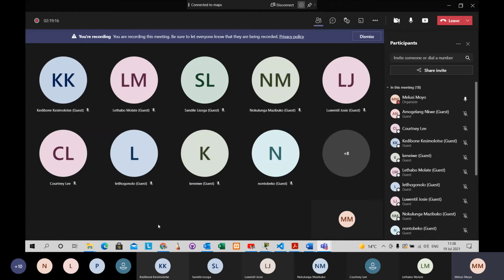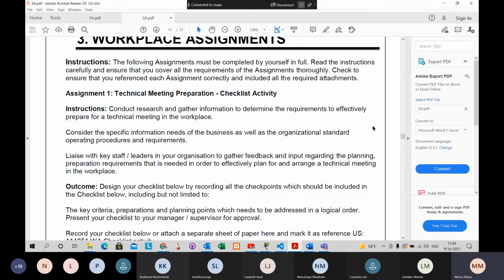Outlook allows you to send out a meeting invitation, and then you will see who has accepted the meeting and who has declined, so that you can correctly prepare for the meeting that you're going to have, right? So checklist, these are the things that we're going to go through. I don't know on your side, what exactly are you going to write down in terms of preparing for this meeting?